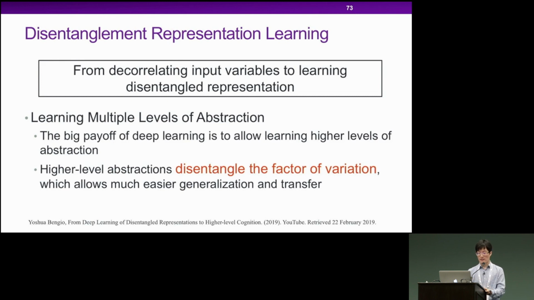And then actually we know that in deep learning, they have the advantage that they can allow learning higher levels of abstraction. And the most notable advantage is that they can learn the representation space, but not a predefined representation space. So if the higher level abstractions can disentangle the factors of variation, that means we can do very good generalization and transfer, and we can generate stable performance in different scenarios.